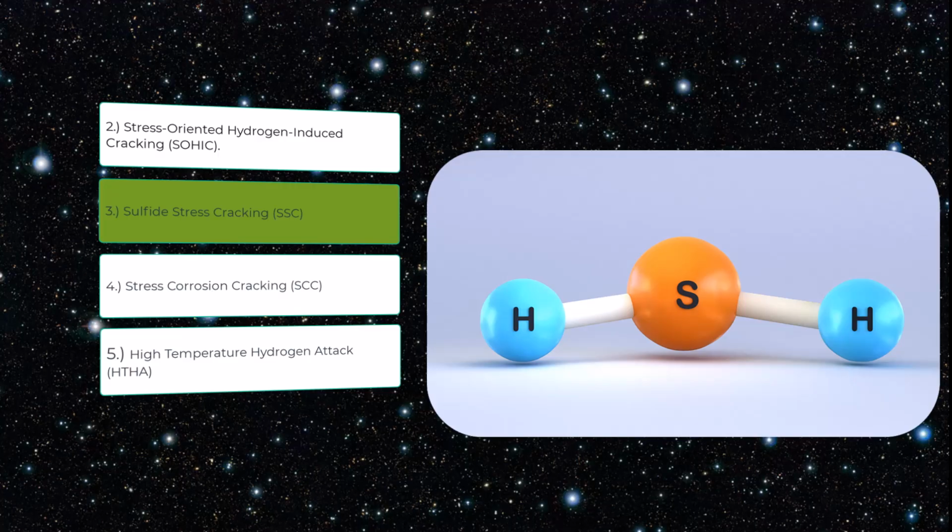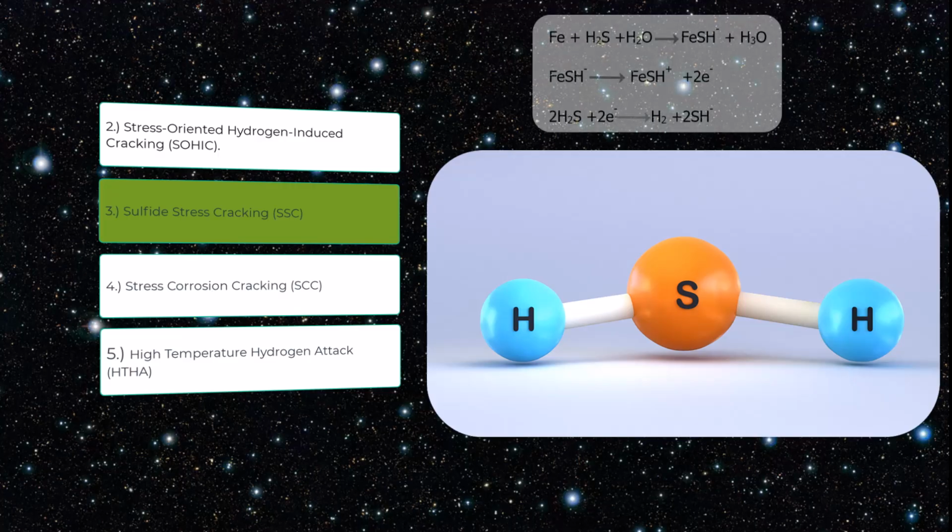So let's look at the role of the sulfide ion in hydrogen generation. From the chemical formula where iron, H2S, and water are present, we see that it goes to Fe, iron, sulfide, hydrogen ion negative plus H3O. We take the iron sulfide hydrogen negative ion and it goes to FeSH plus, but it yields up 2 electrons.